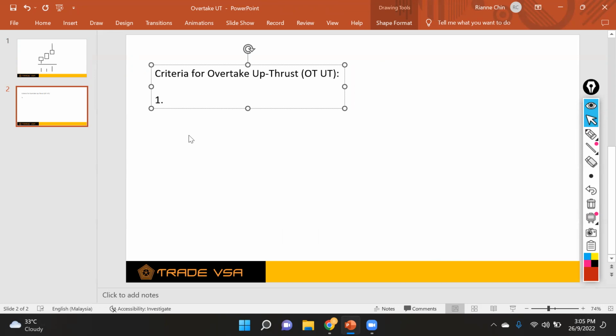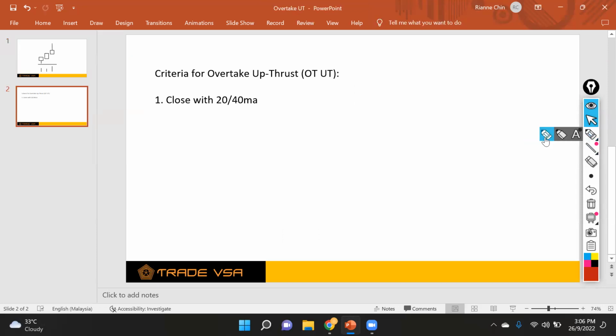So I always want to look for an upthrust close to the 20/40 moving average. 20 is fine if you don't want to focus on 40. The reason is that I want to look for upthrusts that have signs of resistance but not distribution. I'll explain it later. That's very important.